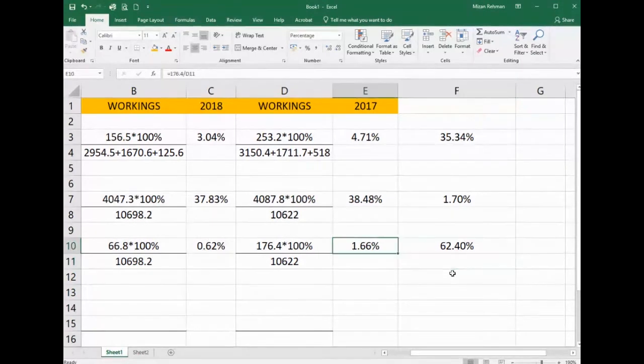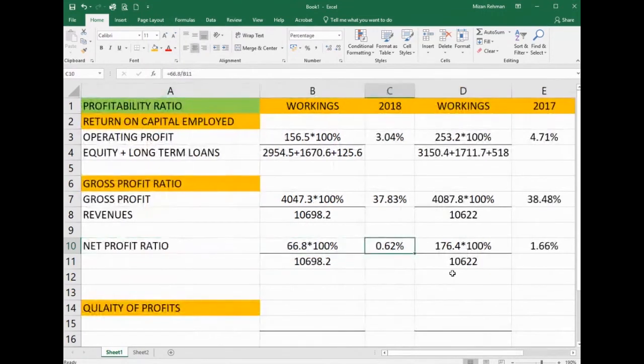Why? Well, if you look at individual numbers, sales are pretty stable, but the figure for profit before tax has decreased. So what you would need is to look at the income statement and see what is the reason for this massive drop in the profit before tax.